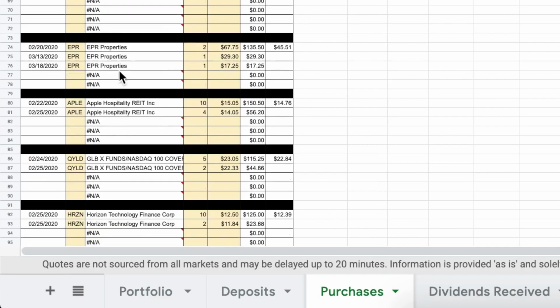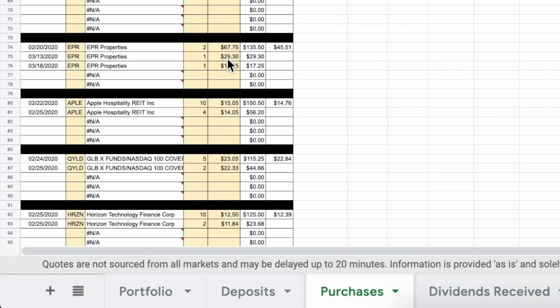Also added a few more of EPR Properties, which is a good one because that's a monthly paying dividend. And the price got way down to, I think, $13 at one point, and I wanted to buy it, but I didn't have any money in my account. And then by the time I transferred it, it didn't make it. So it shot way up because the dividend's paying, I think, tomorrow or the next day.